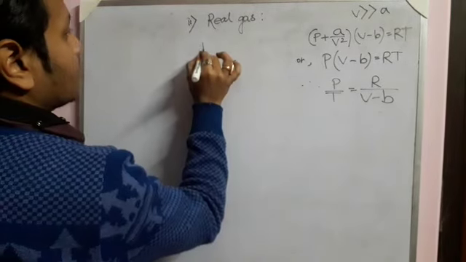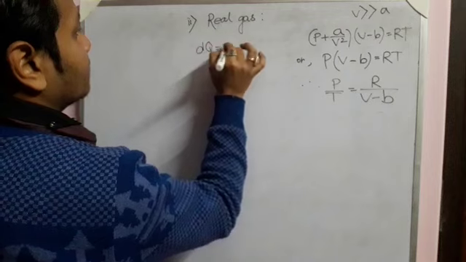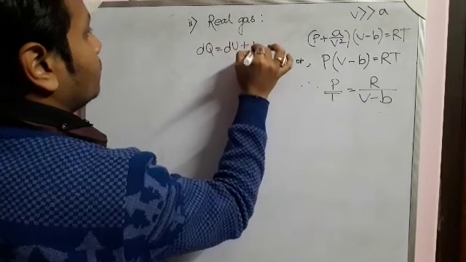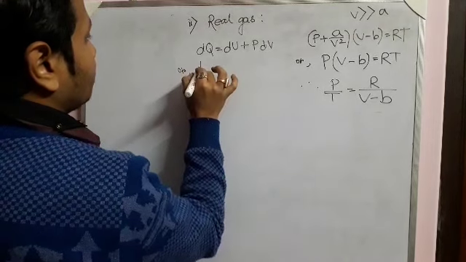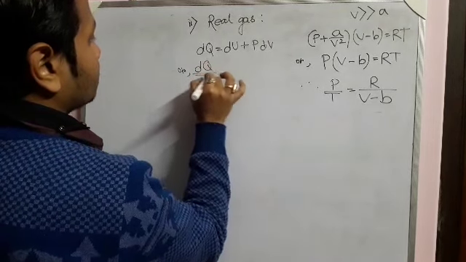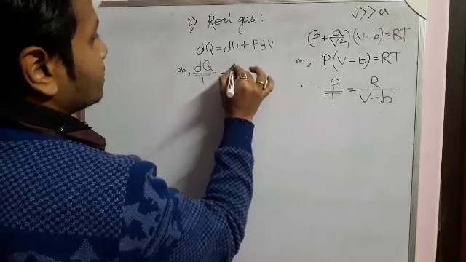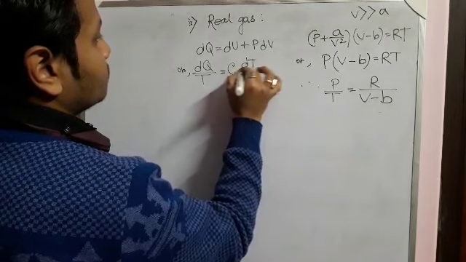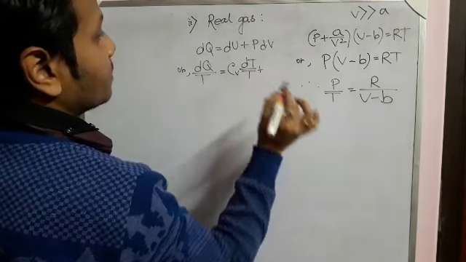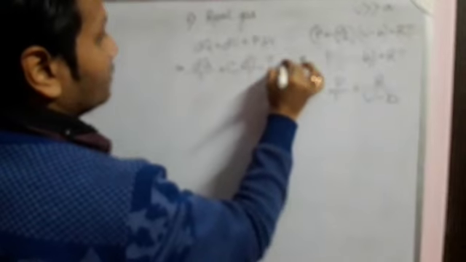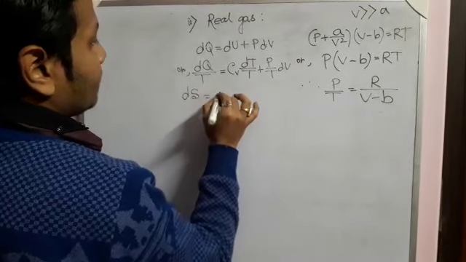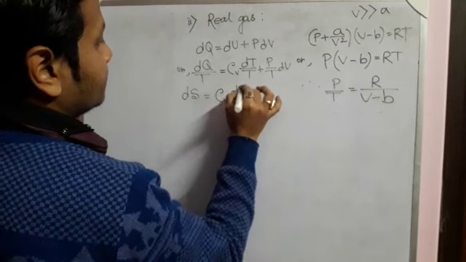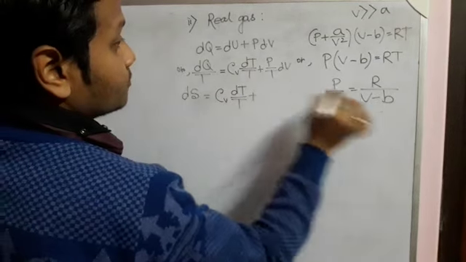Now just write down the first law of thermodynamics, dq equals du plus pdv. Now divide it by T. What happens? du means Cv dT, that is Cv dT by T, plus p by T into dv. This is simply ds, and this is Cv dT upon T. And what is p by T?